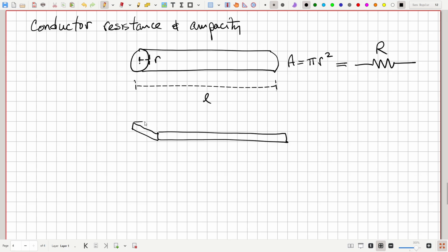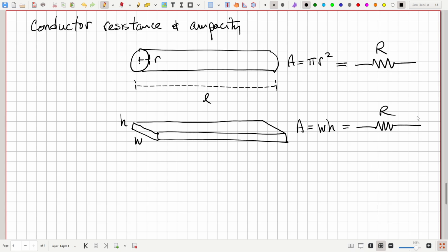It looks something like this. And here we could have a height h and a width w and then a length L. And there the cross-sectional area would just be W times H.